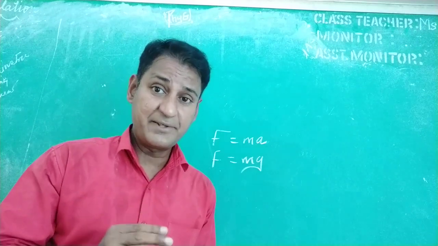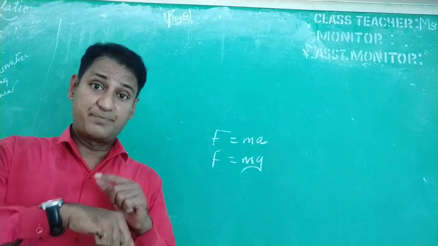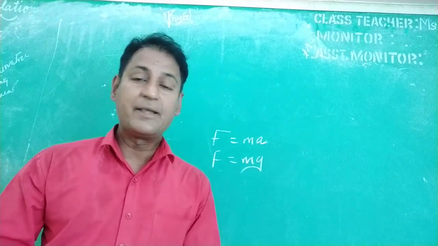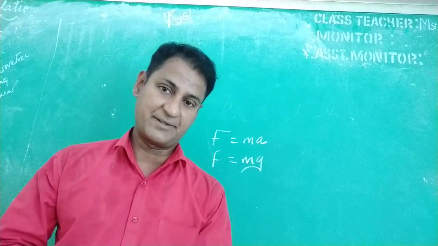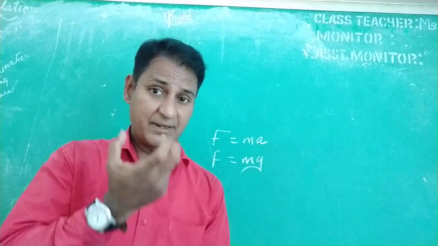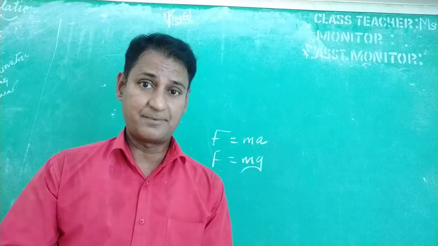So there is a change in velocity with respect to time at different points, and then only it reaches the earth's surface. The change in velocity with respect to time is because of the gravitational force of the earth.